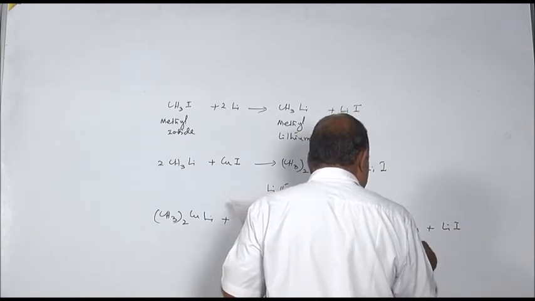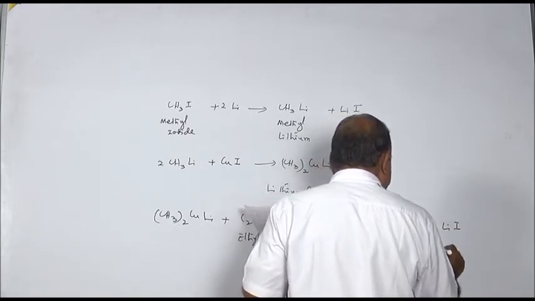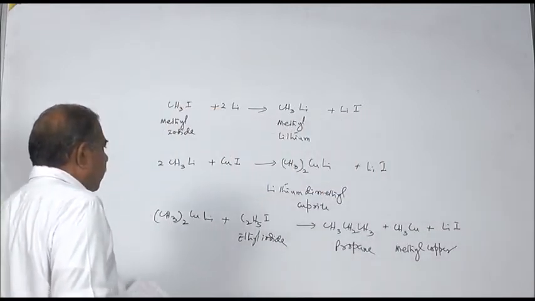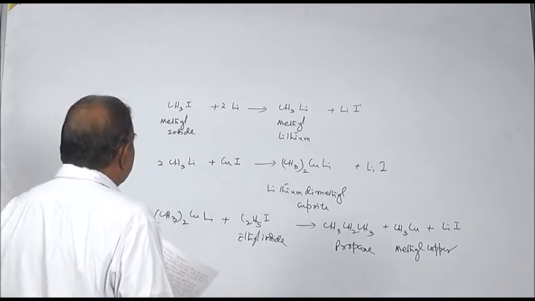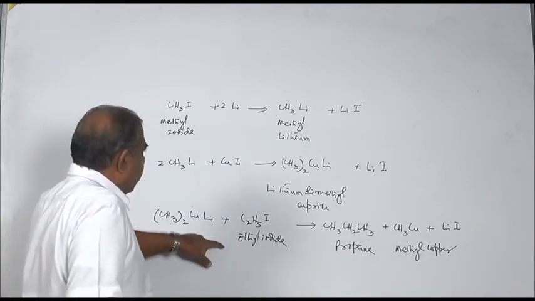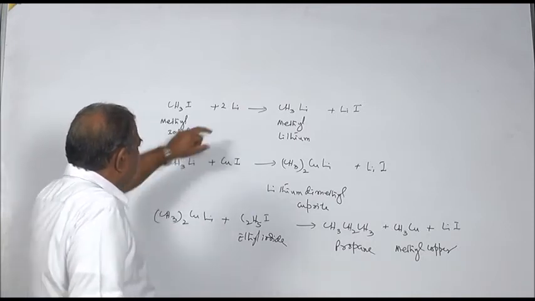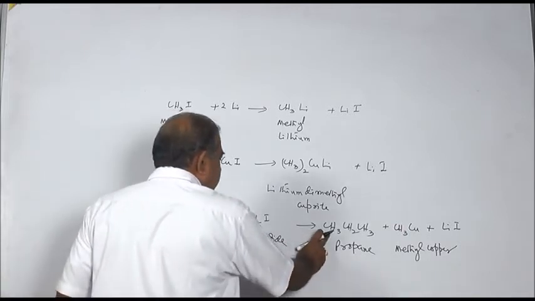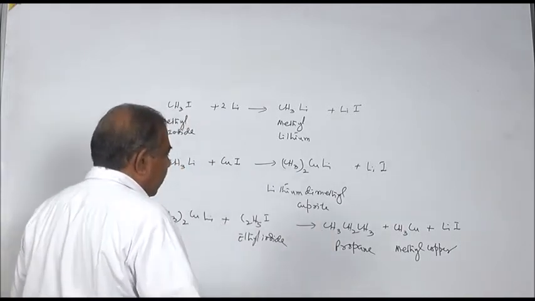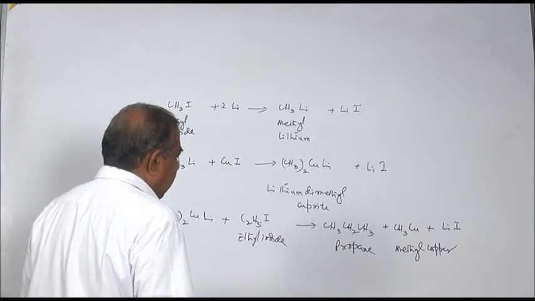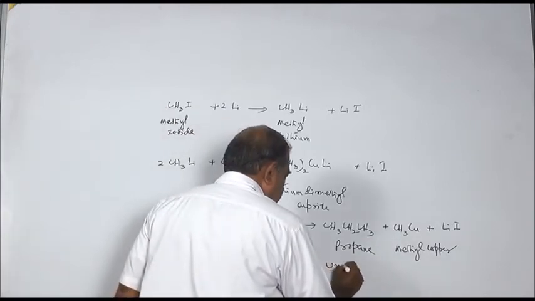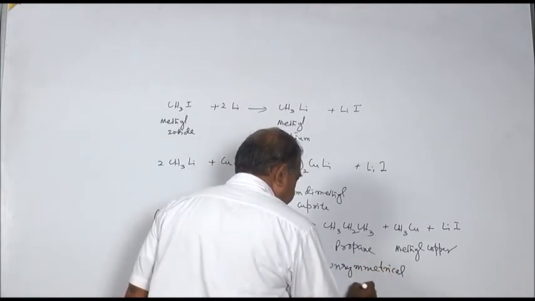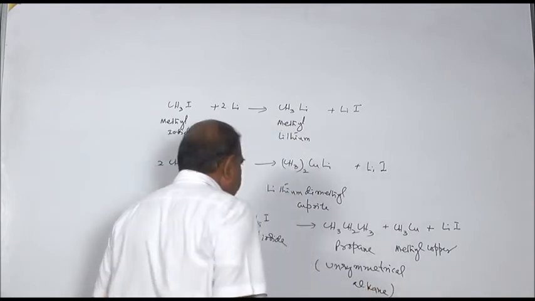This is methyl copper. So I am repeating the Corey-House method. In this method, two different alkyl halides couple in the presence of metallic lithium and cuprous iodide, and ultimately you get an alkane having an odd number of carbon atoms, which we call an unsymmetrical alkane. Now the steps of the reaction.